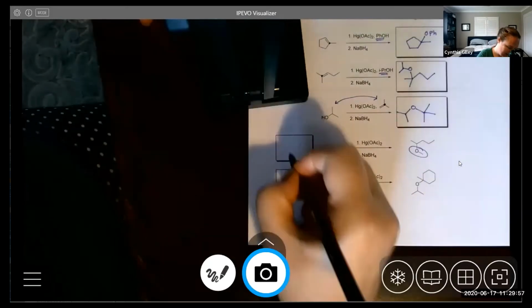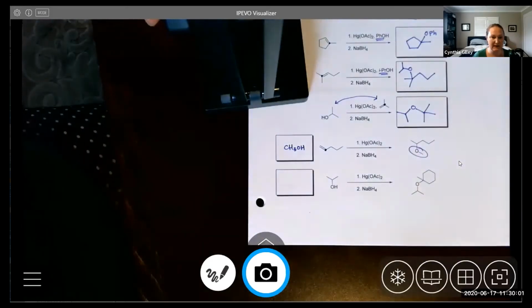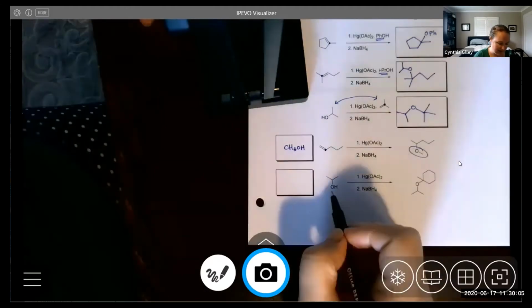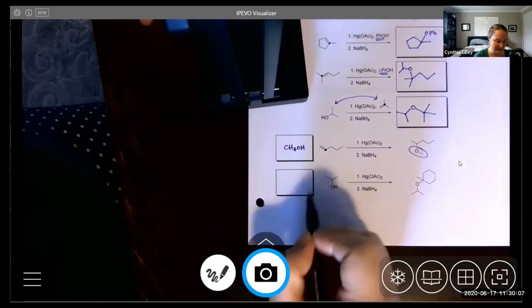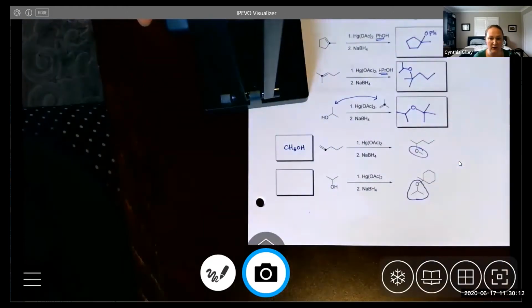That's the alcohol I've added. So over here, I've been given the alcohol and not the alkene. Okay, so I can just ask, where did that alcohol come from? That alcohol came from there, which means that the other carbons were part of the alkene.